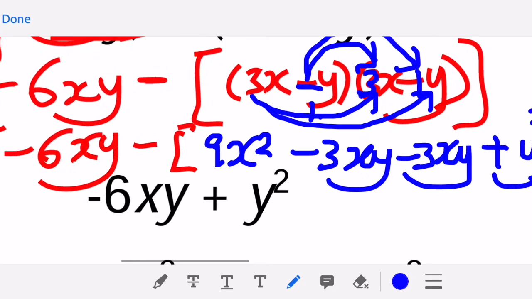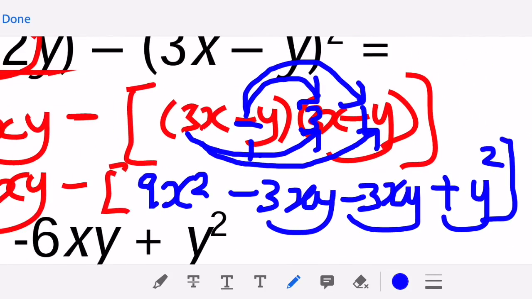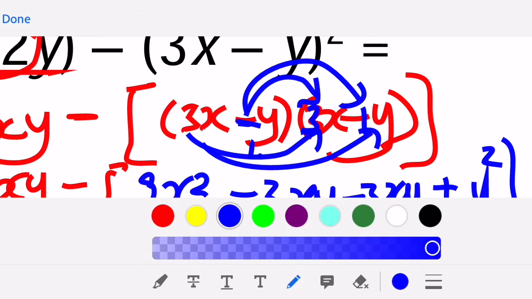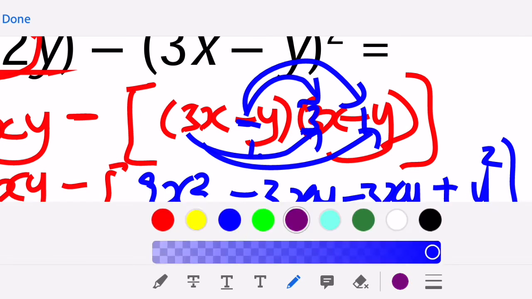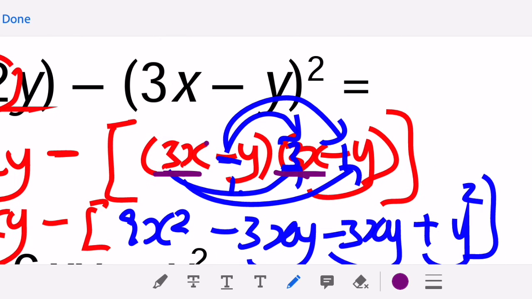Make sure you know how to expand. Okay, I explain to you again because I noticed that some of you will miss a mark like that, very wasted, you know. This 3x minus y squared means you copy this thing, 2 times multiply.